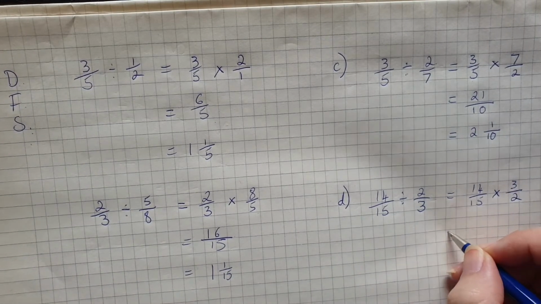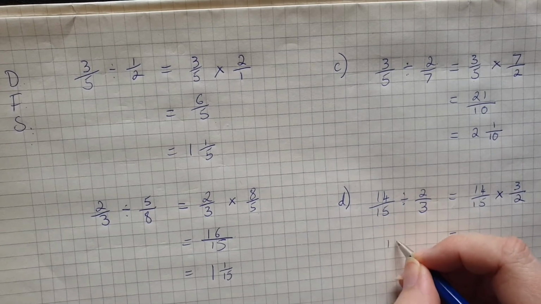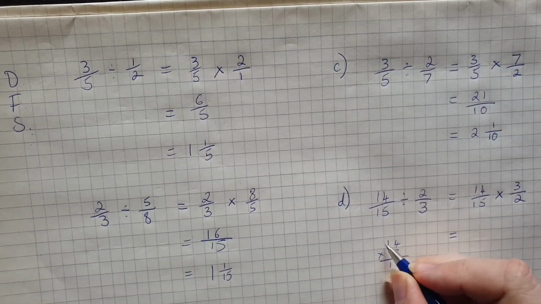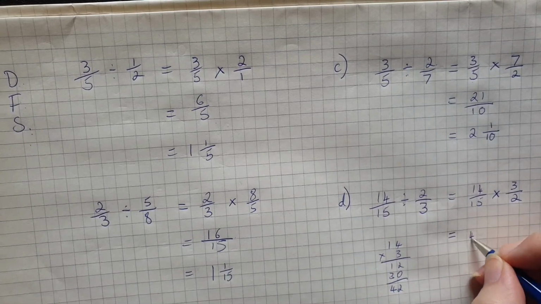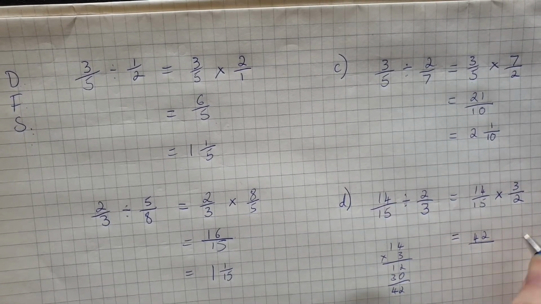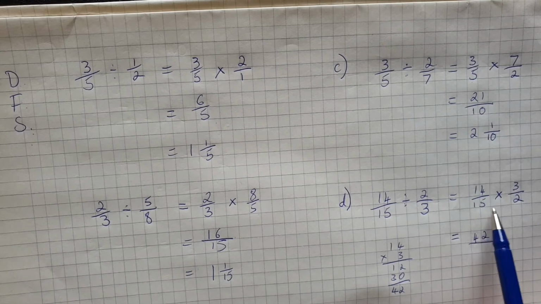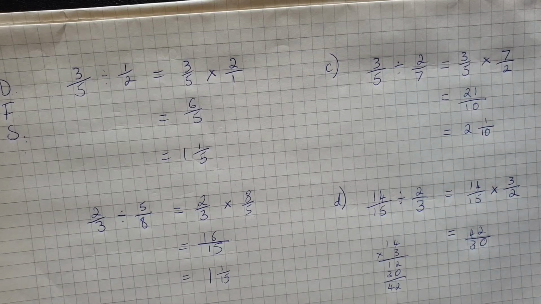Now, on this particular question, I do not know my 14 times table off the top of my head, so I'm going to need to do a jotting. 14 times 3: 3 times 4 is 12, 3 times 1 is 30, gives us 42. 42 over 15 times 2 is 30.